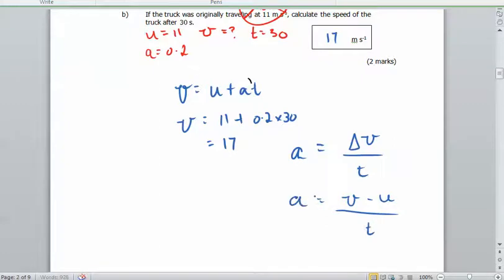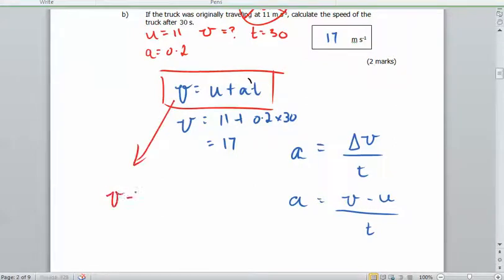But where does this formula actually come from? Well, that formula actually comes from V equals U plus AT, just transposing it around. V take away U is equal to AT, and then T is equal to V take U on A, or you can rearrange that to find acceleration. So that's where that comes from.